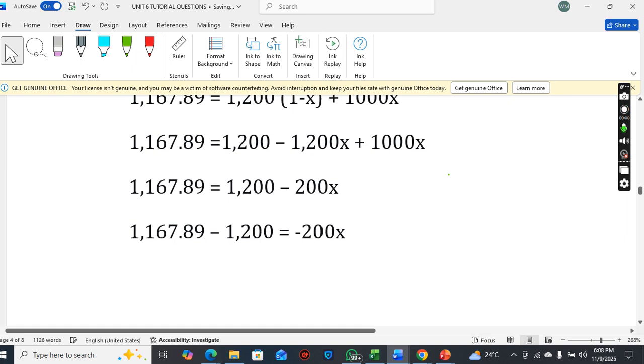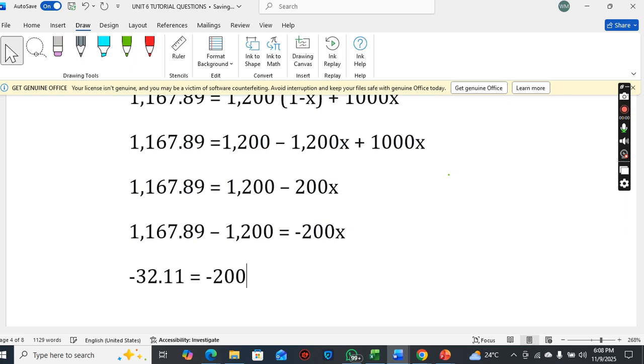So 1167.89 minus 1200 gets negative 32.11, which equals negative 200x.